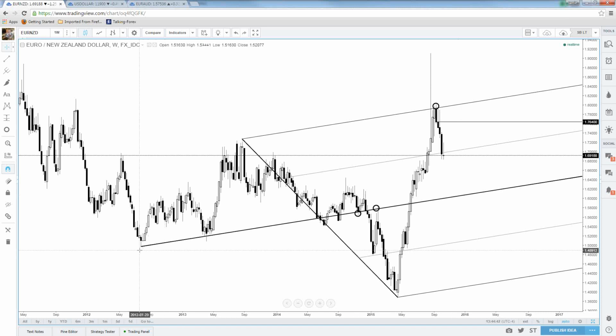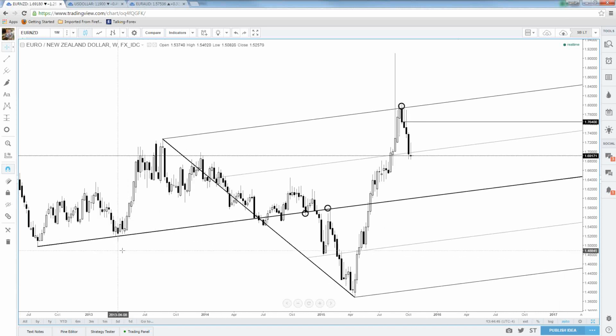Again, you can see it's been pretty important for several years. We wouldn't have had it drawn at that point, but the slope of this is a pretty good description of what's been happening, and the inflection points in Euro Kiwi.